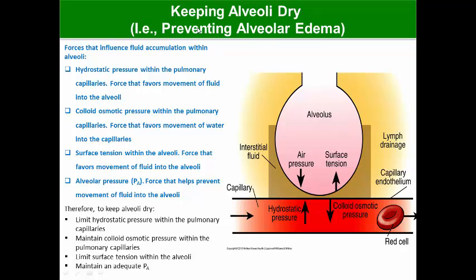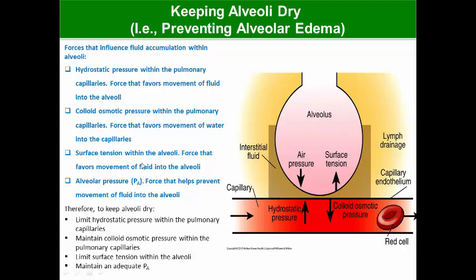So now let's see what are the forces which influence fluid accumulation in the alveoli. For example, the hydrostatic pressure within the pulmonary capillaries is a force that favors the movement of fluid into the alveoli. The colloid osmotic pressure within the pulmonary capillaries has an opposite action. This is a force that favors the movement of water into the capillaries, out of the alveoli.